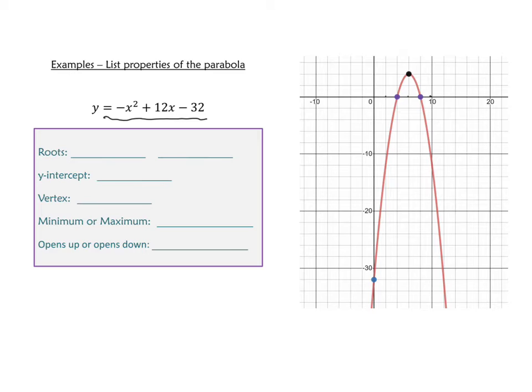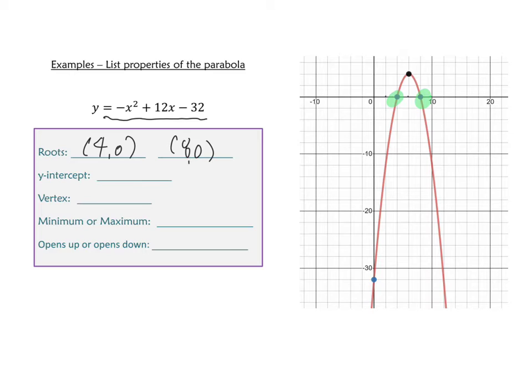So that means our first root is at 4, 0. And the next one is at 8, 0.